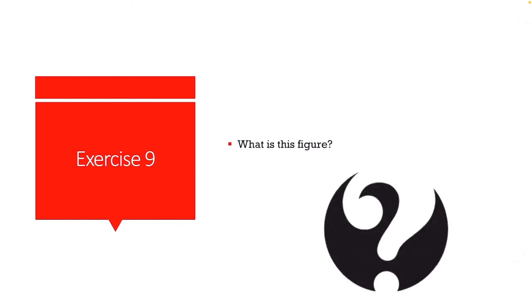Then if you look at it another way, that is which is colored in white, it looks like a question mark. So there are two images, one is like a bird, like a phoenix, and another one is like a question mark.